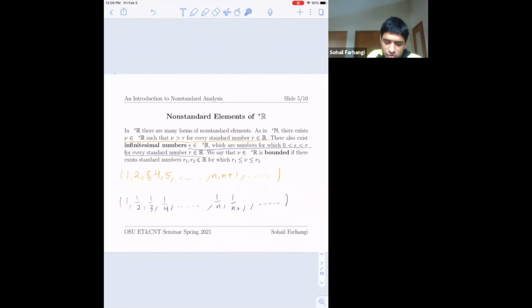And infinitesimal numbers will be useful in the proof for part 3. And then the third definition is a non-standard real number is bounded if it is bounded between two different real numbers. And we can certainly see that this is necessary. This rules out the infinite case.